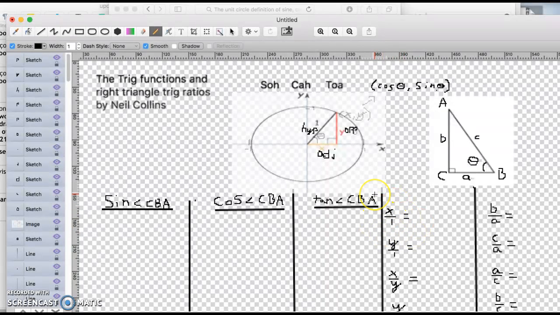So x over 1 is going to be x, the adjacent, over 1, the hypotenuse. Adjacent over hypotenuse is going to be cosine. Therefore, x over 1 is cosine of delta. Or theta, sorry. I don't know why I said delta. It's theta.